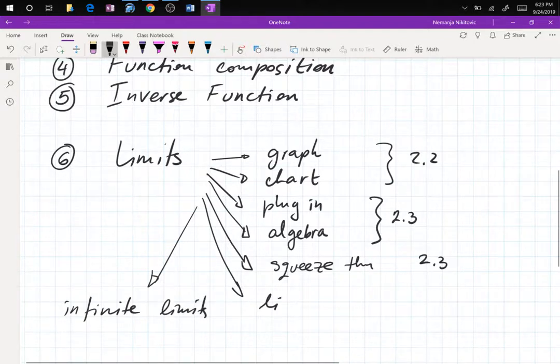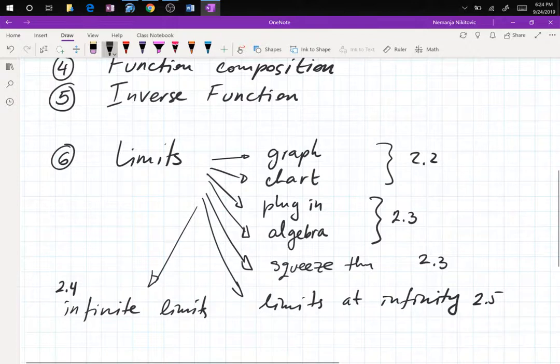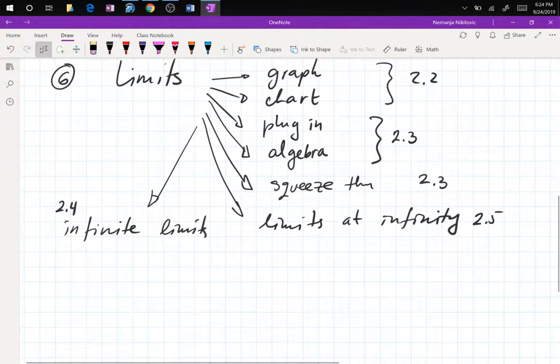And then limits at infinity. 2.5 and 2.4 over here. Now, infinite limits give us what? One in particular. Vertical asymptote. So infinite limits give rise to vertical asymptote.